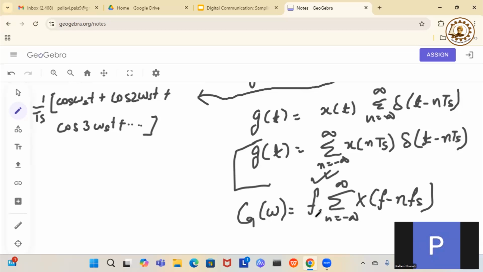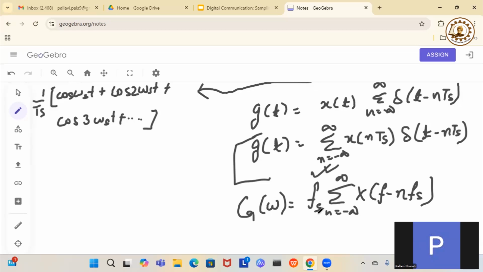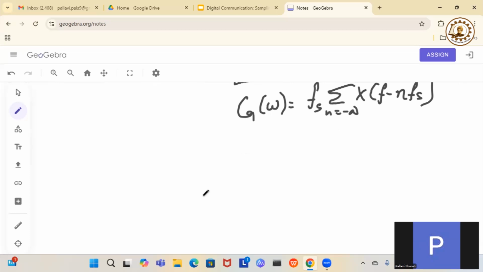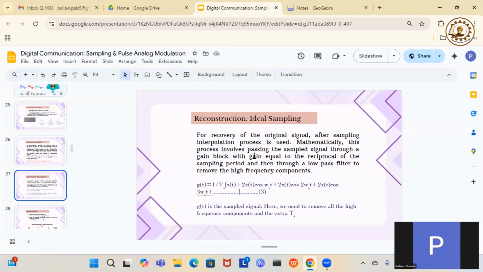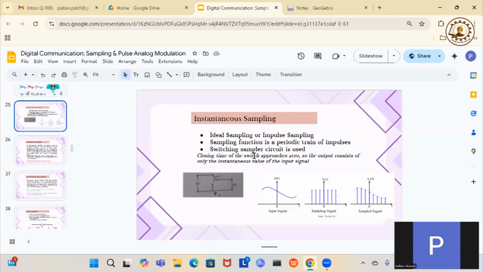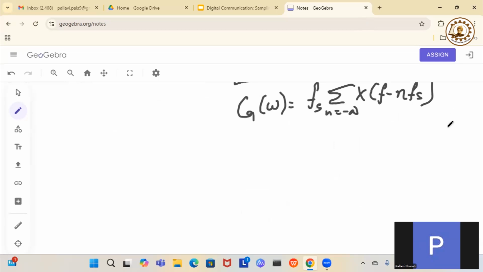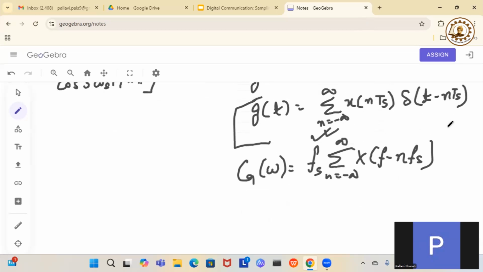So that is just a constant that you are multiplying. So finally, we have the following things regarding the ideal sampling method, that we are using a train of Dirac delta functions for sampling it. The sampled signal is represented by this form in the Fourier domain and in the time domain. This is the time domain. This is the Fourier domain.